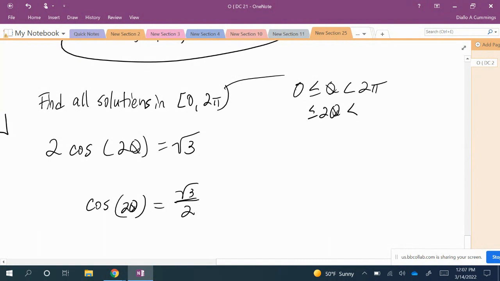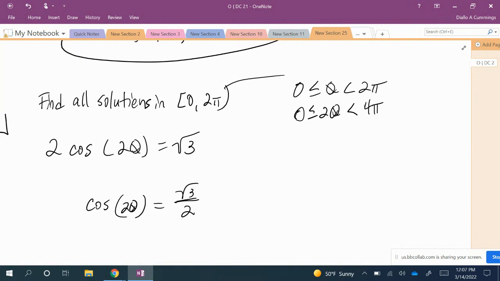Here we multiplied 2 times theta to get 2 theta, so I have to multiply this by 2, and that by 2. So 2 times 0 is still 0, but 2 times 2 pi is 4 pi. So we actually have to find the angles in the interval from 0 to 4 pi. So we want to go around that unit circle twice.